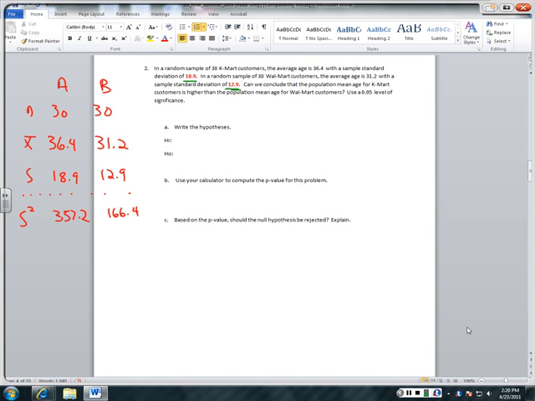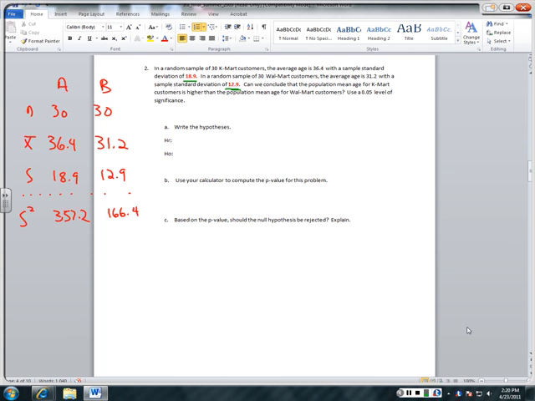Over here on the left, I've summarized that we have samples of 30 from each, with sample means of 36.4 and 31.2 for the 2 groups, and sample standard deviations of 18.9 and 12.9. And then I computed the 2 variances here, 357.2 and 166.4.